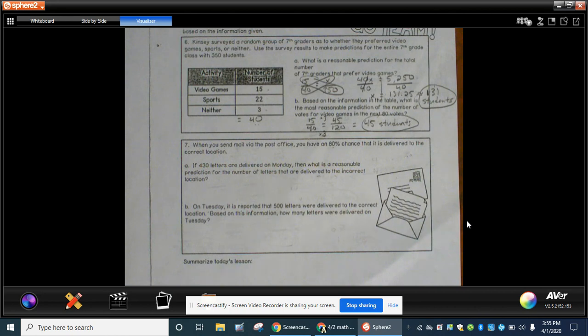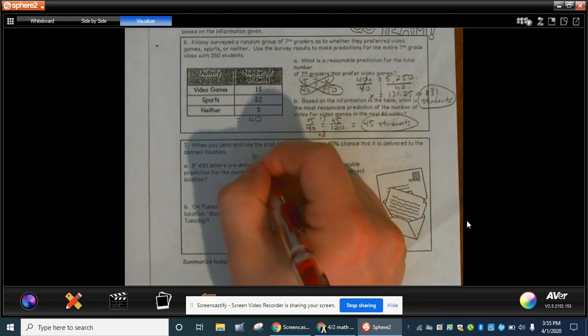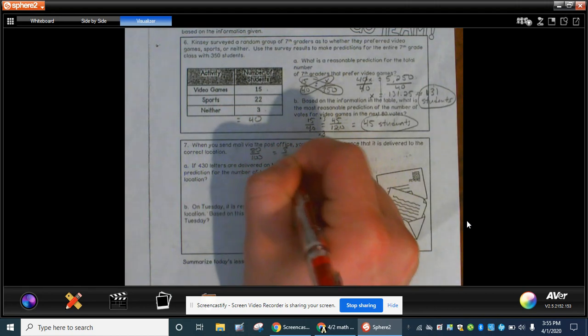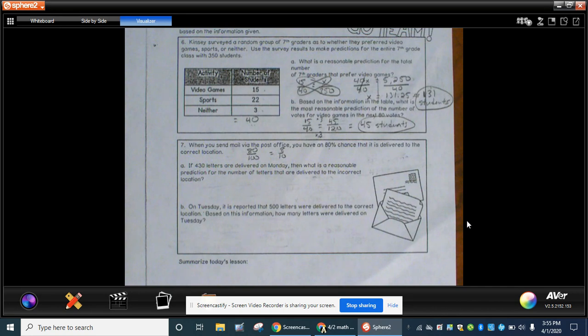All right. So you could write this percent as a fraction. It could look like 80 over 100, or it could look like 8 over 10. We can use this to figure out A and B. So if 430 letters are delivered on Monday, what is a reasonable prediction for the number of letters that are delivered to the incorrect location?